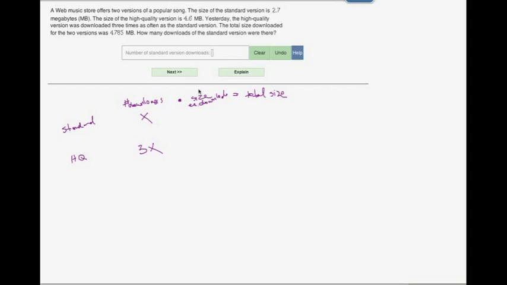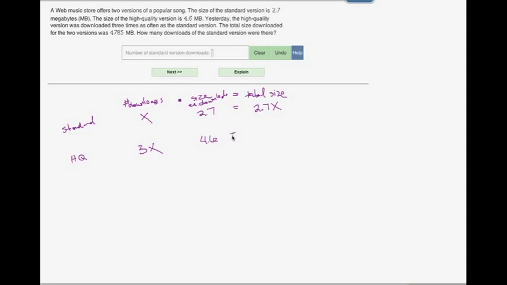We know the size of each download. For the standard version, it's 2.7. And for the high quality version, it's 4.6. So we can multiply across to fill in the last column. 2.7 times x is the total size downloaded of the standard.